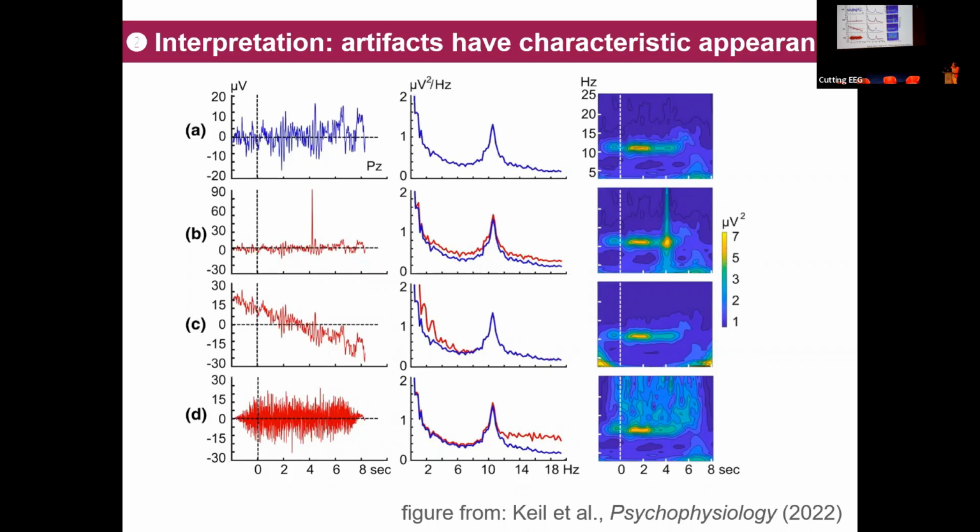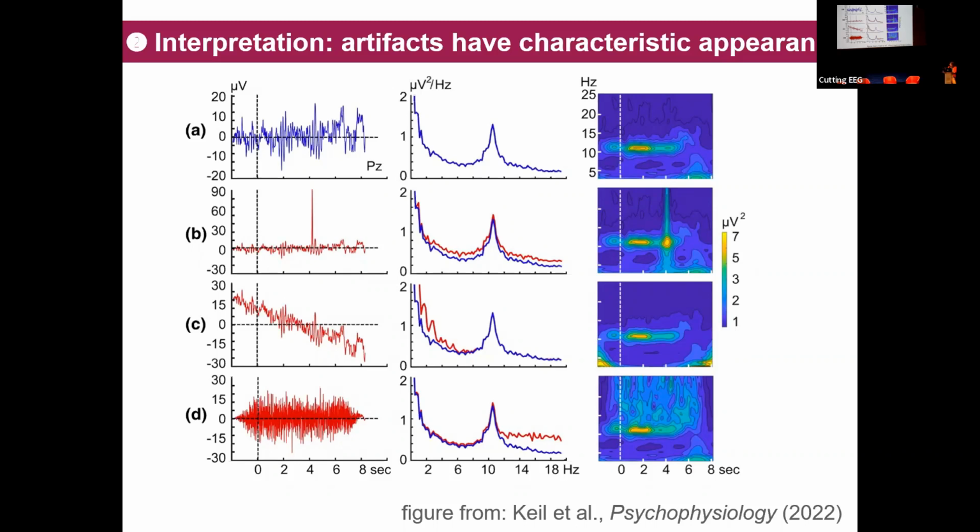And this is the same signal, just with a single spike added, okay? And the single spike will show up as an increase in power across all frequency bands, okay? So this is just how this artifact may be represented.